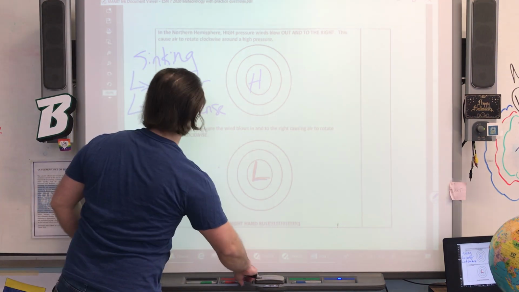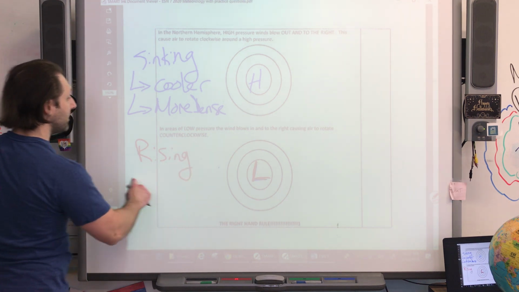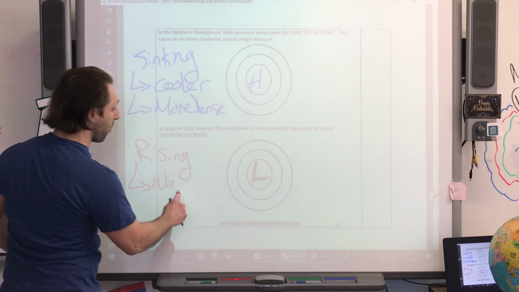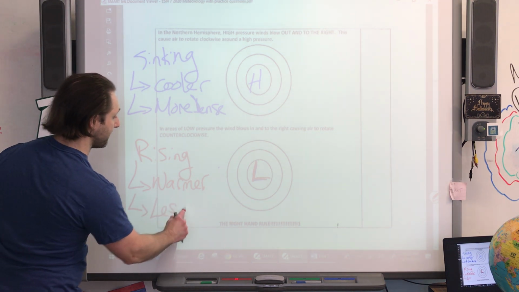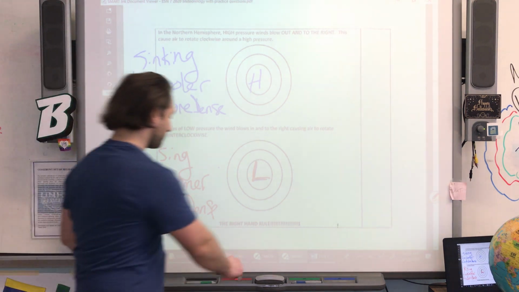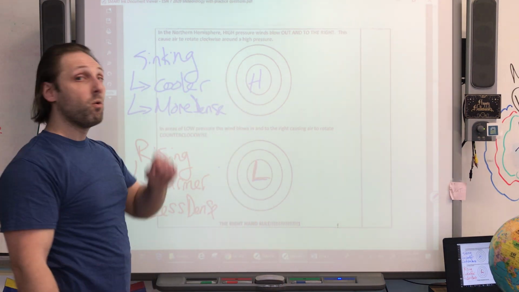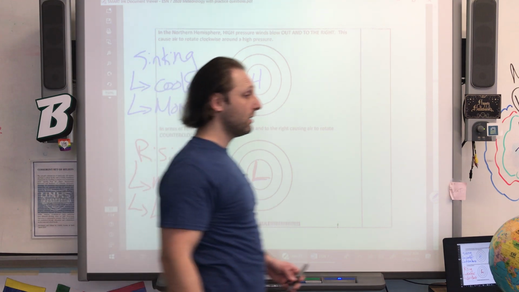For low pressure, it's rising. It's generally warmer, and it tends to be a little less dense because of that heating. And it rises up.